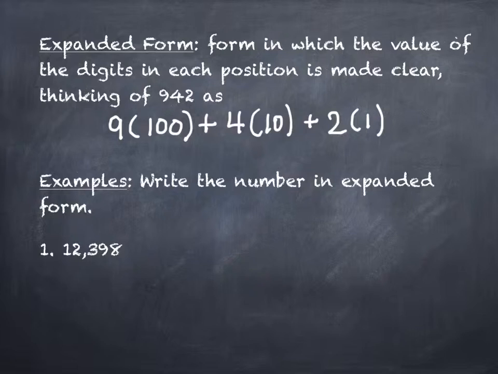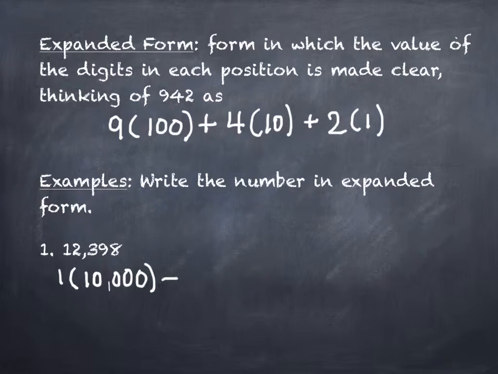All right, so for fun, the first one we're going to do: how would I write the number 12,398 in expanded form? Not quite. How about 1 times 10,000? Is that okay, Garrett? Yeah.